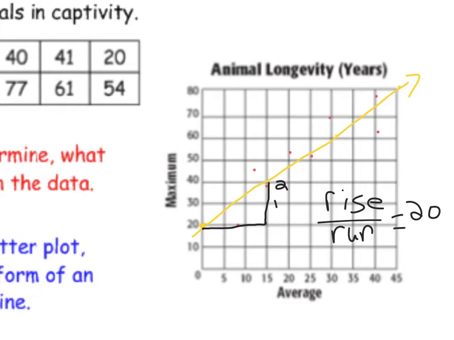And then I ran 1, 2, 3, which really is 15 because each line is numbered by 5. So I have 20 over 15, which I can simplify by dividing both by 5, and I get 4 over 3. And then my y-intercept, we chose where that was. I chose that it was at 20.